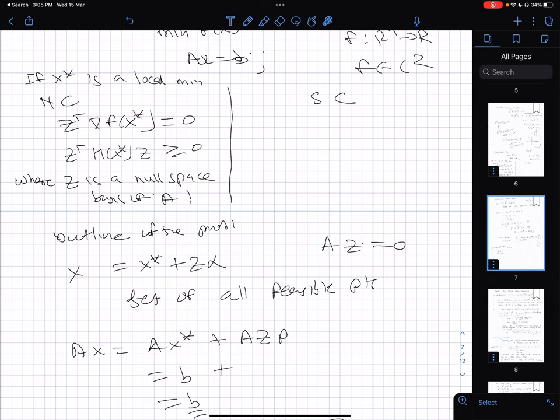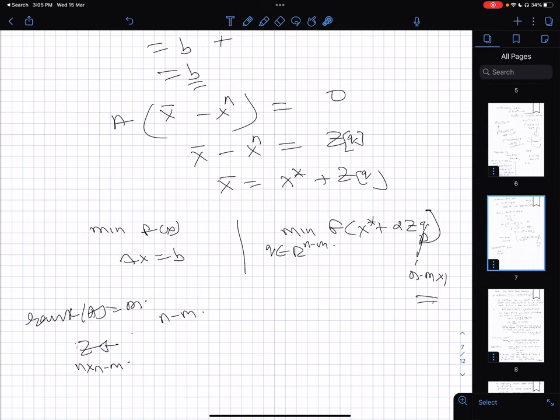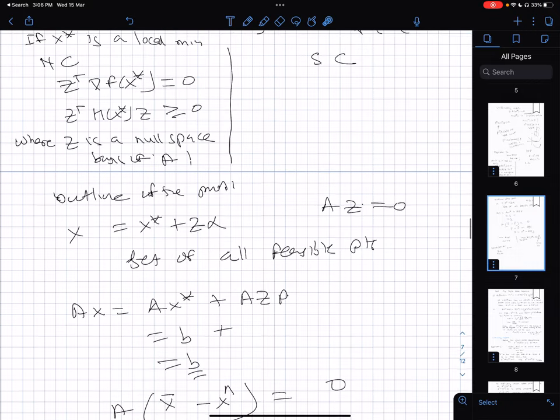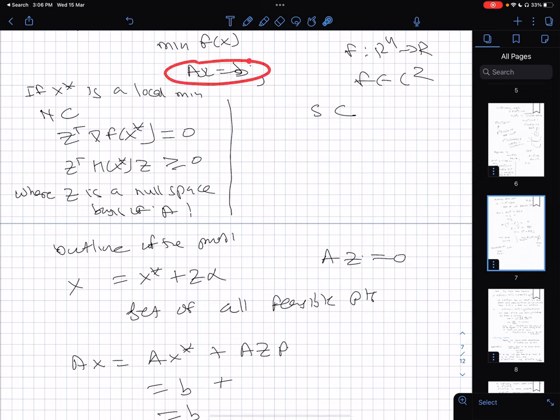And if further this projected Hessian is positive definite, then you can again show that the second derivative term will always be greater than 0 for q not equal to 0, which is to say that the function will increase anywhere in the vicinity of x star, provided that your point is not only in the vicinity of x star but also feasible.